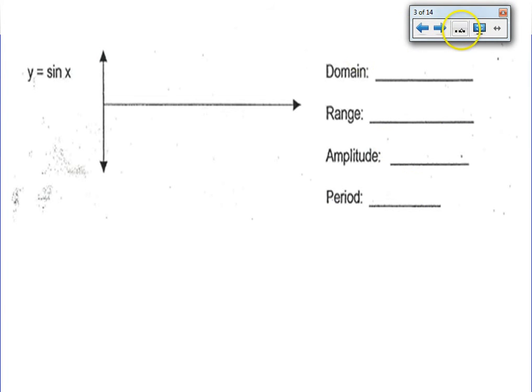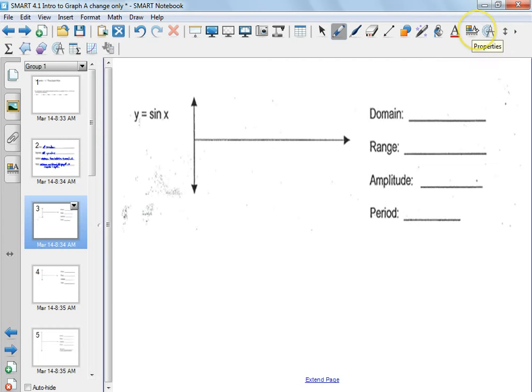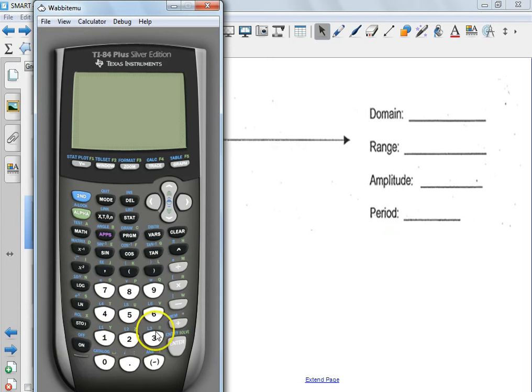I want you to grab your calculator. The batteries are low. That's okay. Change the batteries. Just so you know. How do you have batteries? What? Yeah, it's called a wabbit. Right.